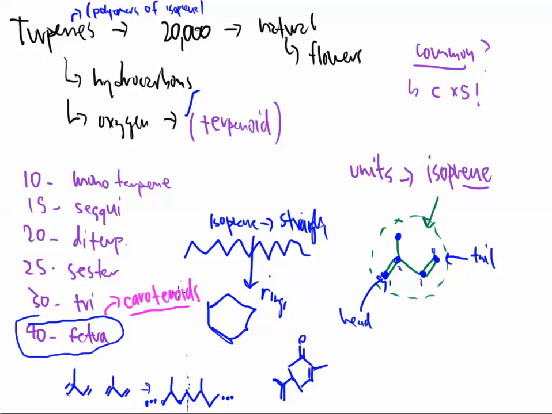So carotenoids are tetraterpenes, and lycopene, the compound responsible for that red color in tomatoes and watermelon, and beta carotene, the compound that causes carrots and apricots to be orange, are examples of carotenoids.